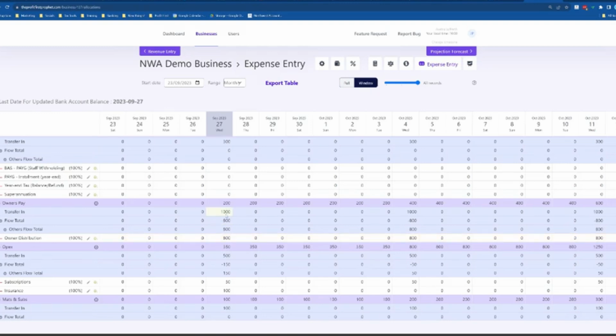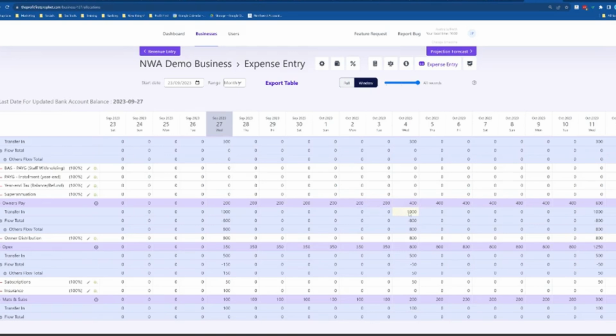So on this screen here, we've got 3 weeks worth of projections. So the owner's pay bank account currently has $200 in it. Then we're going to transfer in $1,000 based on a $2,000 worth of income. And then we're going to take $800 out and pay it to ourselves as the owner. So this gives us a closing balance of $200 for the rest of the week.